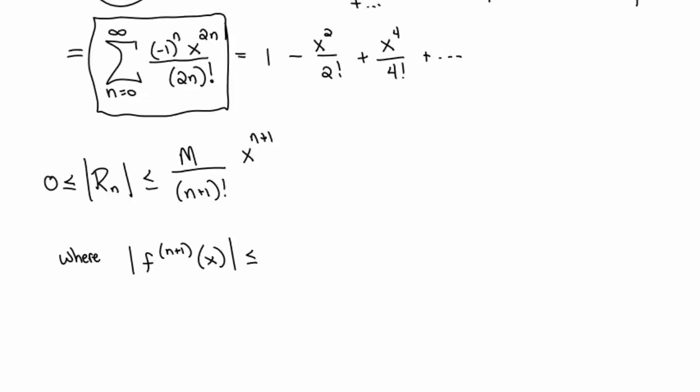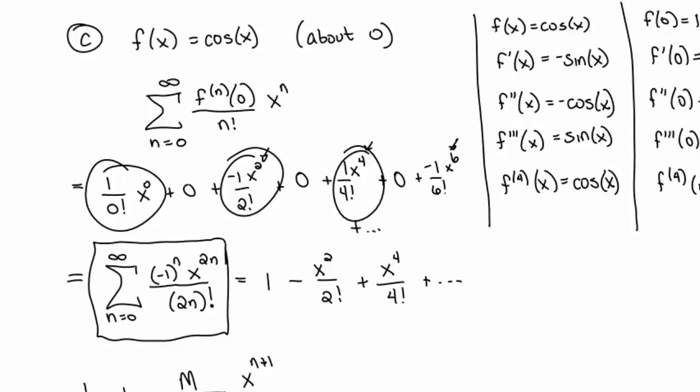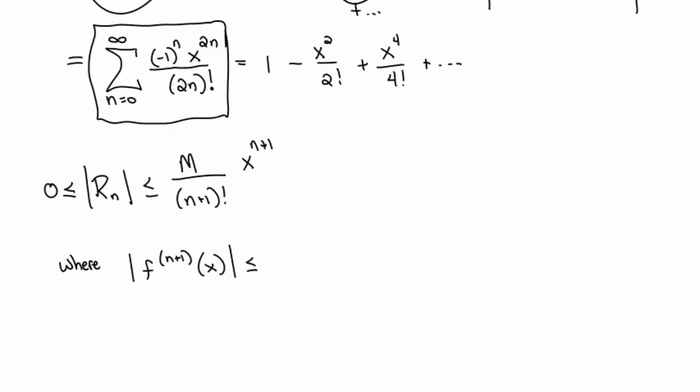Well, I know that the n plus first derivative for our function, which is the cosine, doesn't get any bigger than 1, right? So no matter what derivative we're at, the derivative is always less than or equal to 1 in magnitude. So this is what I'm going to choose to be my value for M here.